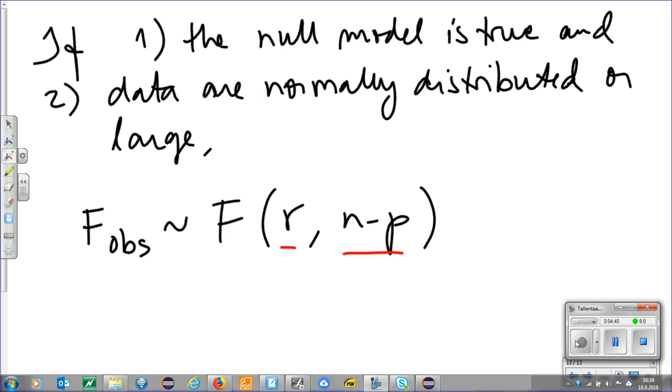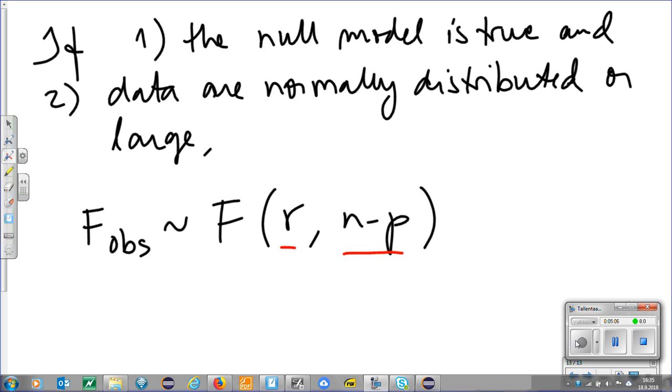So this means that if we believe that the null model is true, and if we get some value of F-obs, and if that value is high compared to this theoretical distribution, then it is evidence against the null model. And if the F-obs is very high compared to that distribution, then we reject the null hypothesis.